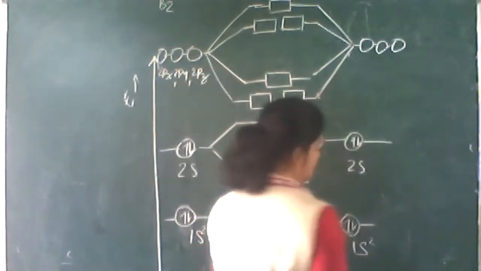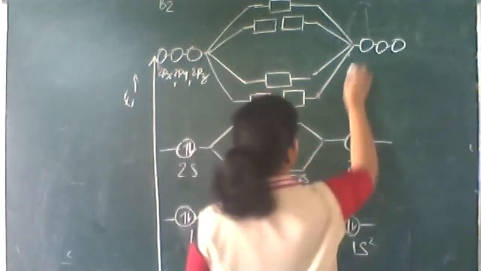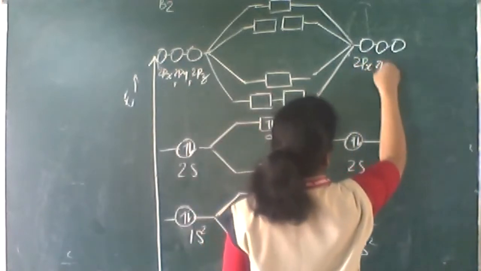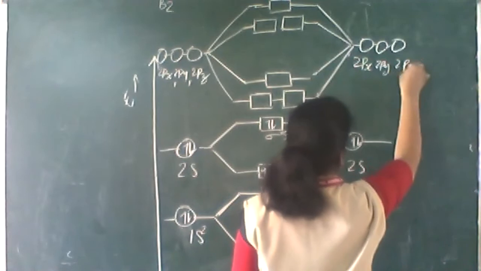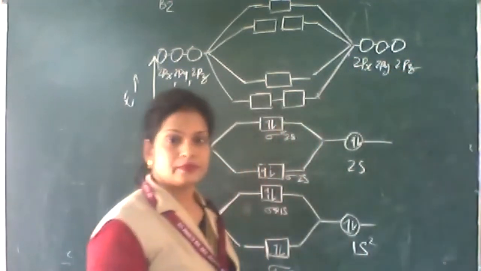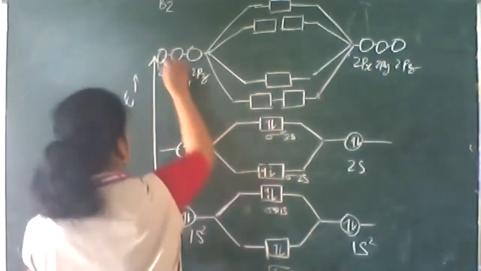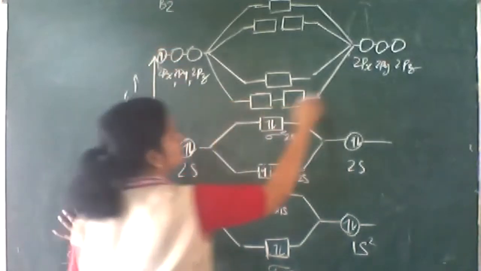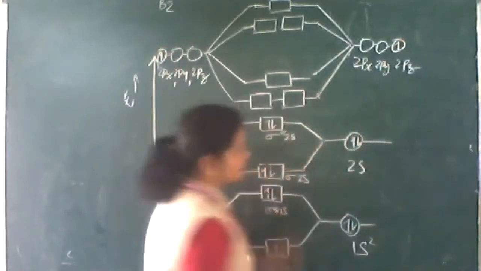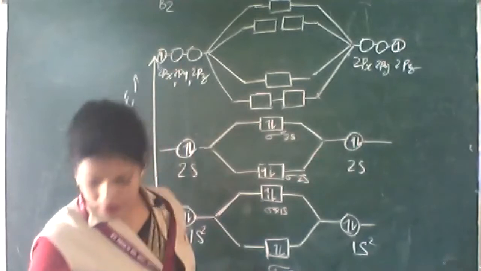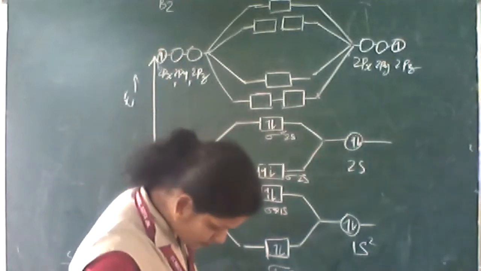Here again, this side atom, that is 2px, 2py, 2pz. For boron, 2p1. So here also you can write the B2 molecule.